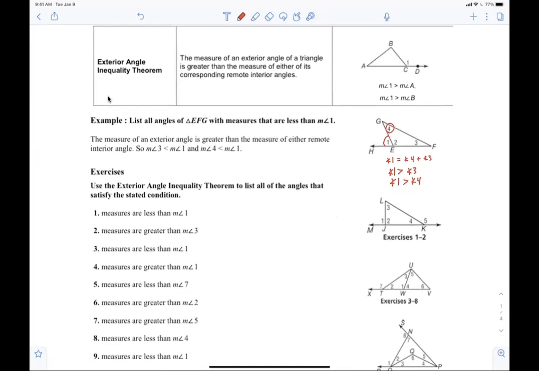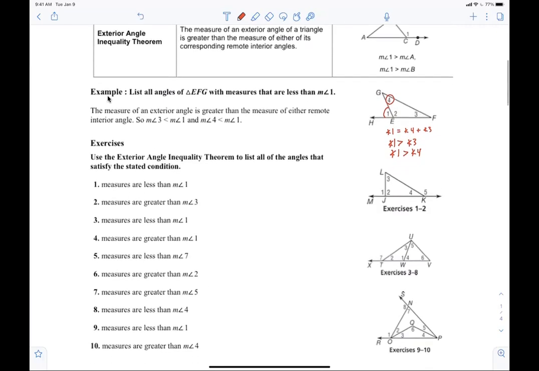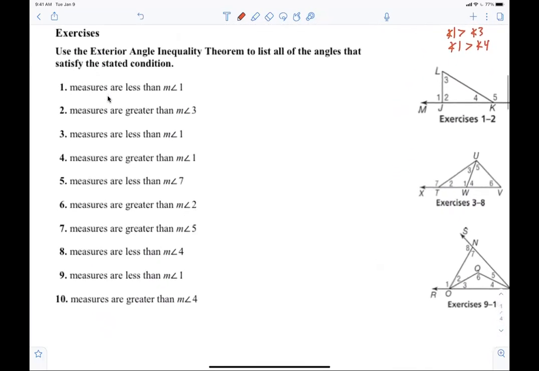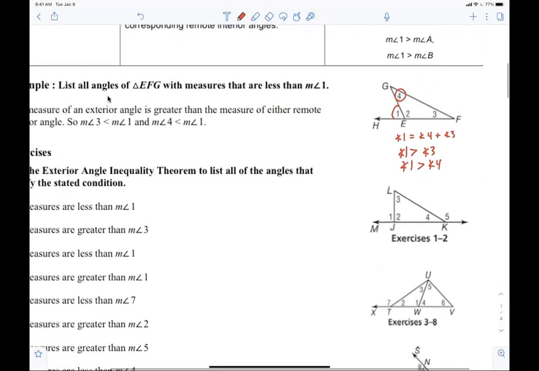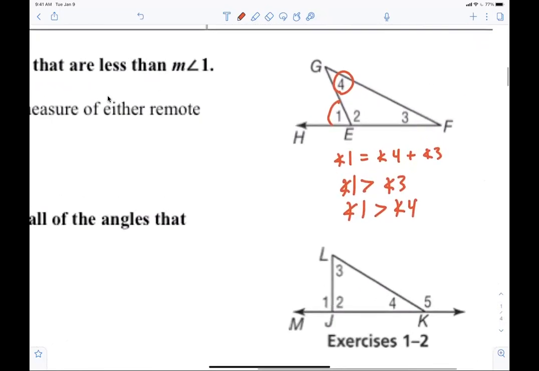So now we just look at a bunch of pictures and you just have to tell me what angles are greater or what angles are less. Let's start with number 1 here. I didn't say this, but is there ever a relationship between angle 1 and 2? It's just supplementary.